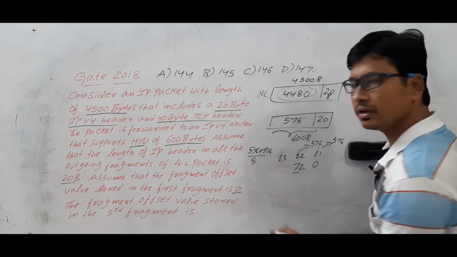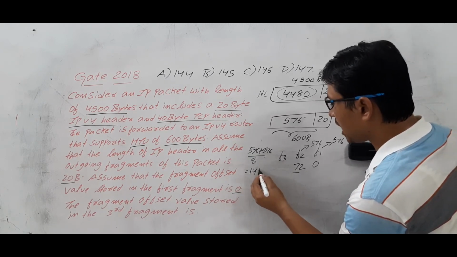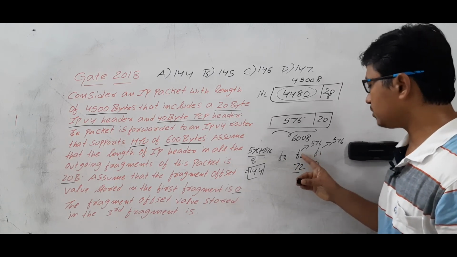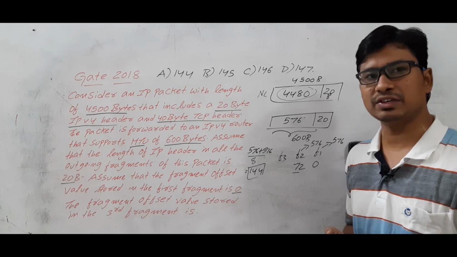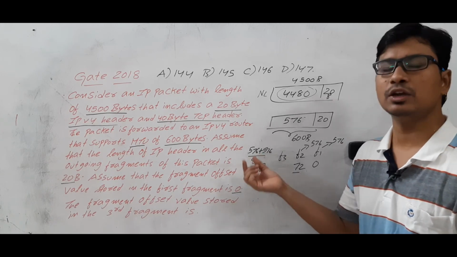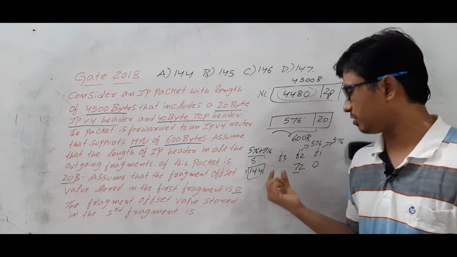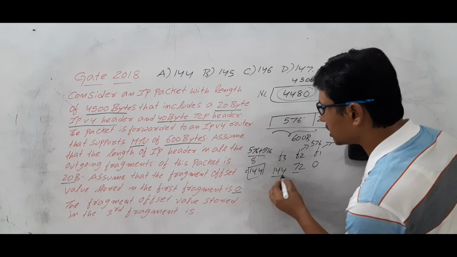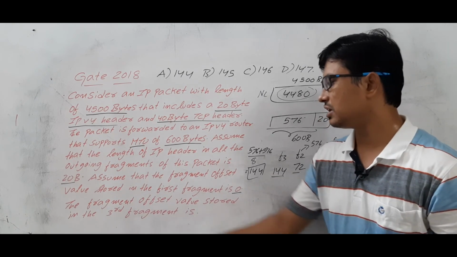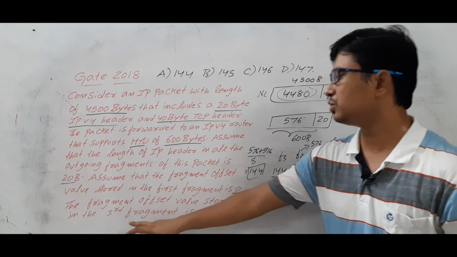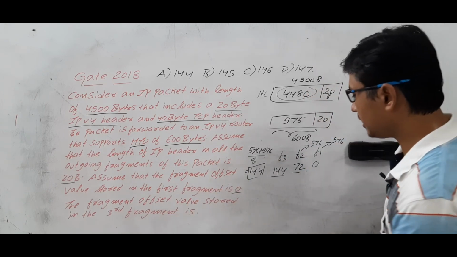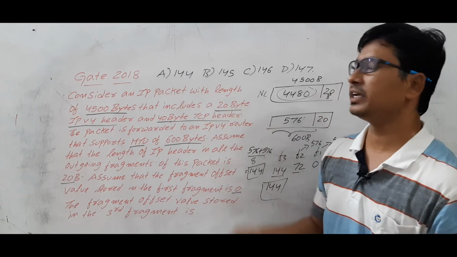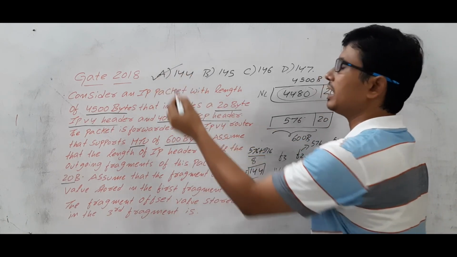If you do it, you have to keep the value 144. The meaning is that before this fragment you have sent 2 fragments of size 576 each, so 2 into 576 bytes in total before fragment 3. That's why you keep the value 144. That is what they have asked: the fragment offset value stored in the third fragment. I got 144, and option A is saying 144, which is the right answer.